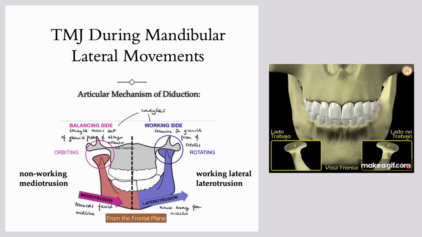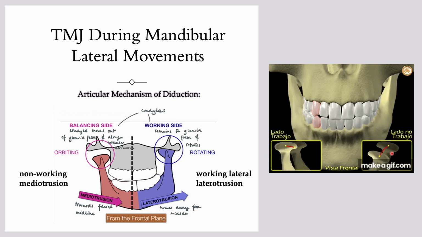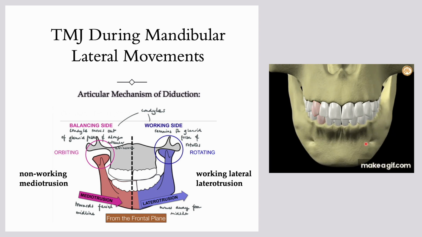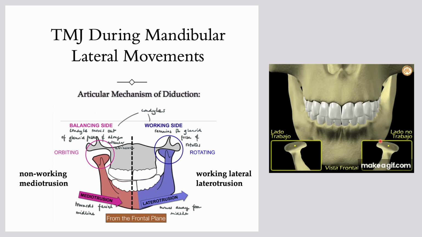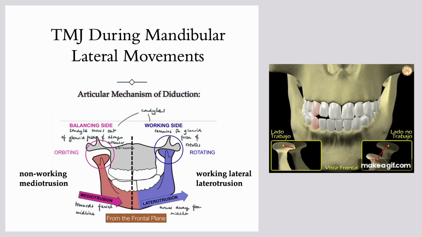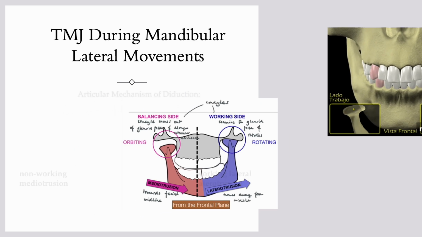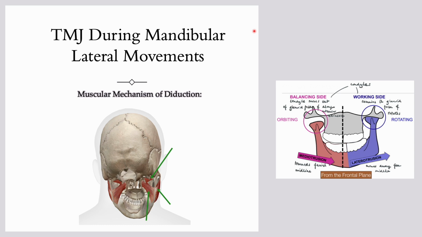On the non-working side, the condyle is referred to as the orbiting or balancing condyle. It follows a broader path, typically greater than 10 millimeters, and during the excursion phase, you can see it exhibits a downward, forward, and medial movement. As complex as the articular mechanism of laterotrusion is, understanding it is quite crucial in order to move forward.